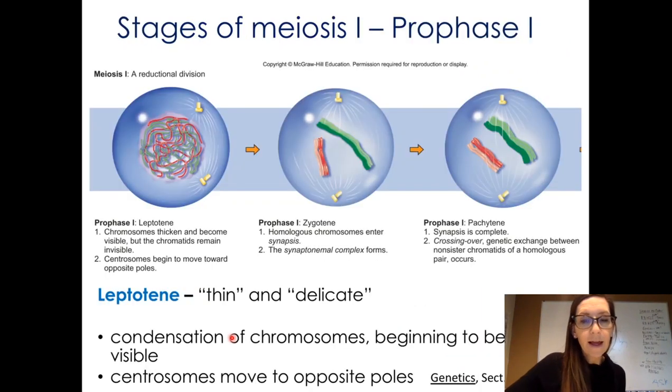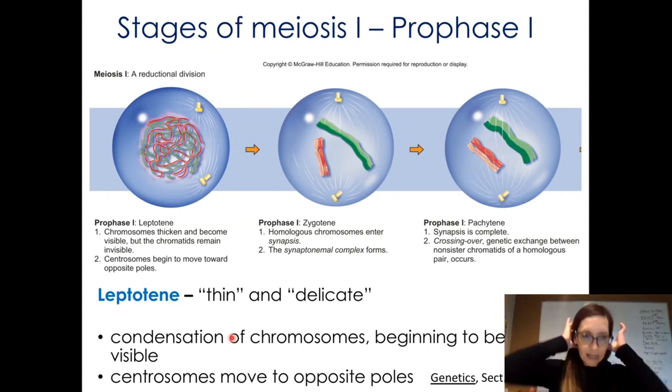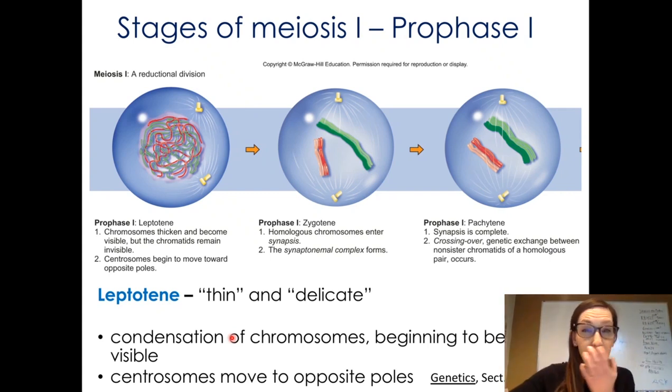Okay, so brief review of the stages. I hope that you can review this a little bit on your own, but just like we did in genetics, our textbook goes through the stages of prophase 1. Prophase 1 is a really big, important phase for meiosis because there's a lot of things that happen that are different than mitosis. One of the very first things that happens, well, first we do see condensation.